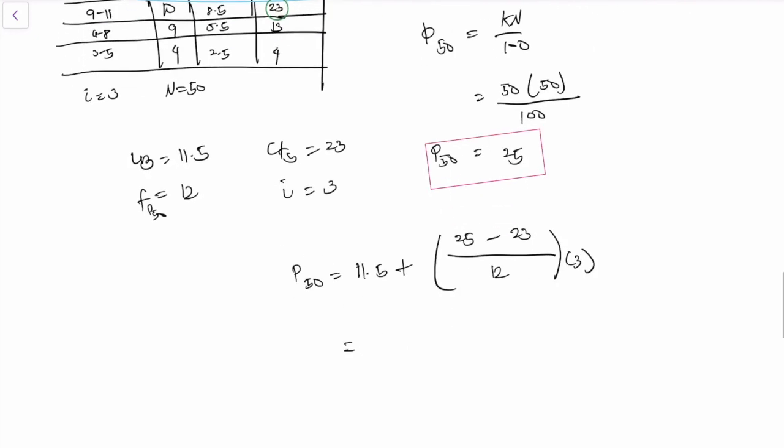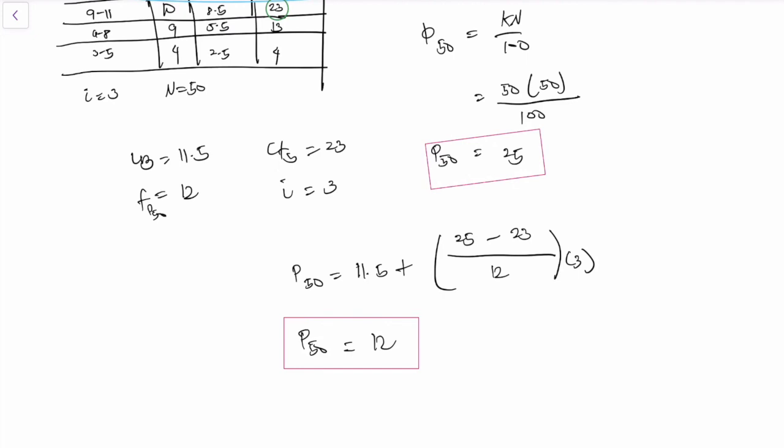Now let us plug all the values into the calculator: 11.5 plus 25 minus 23, all over 12, times 3. So the answer is 12. P50 is equal to 12.